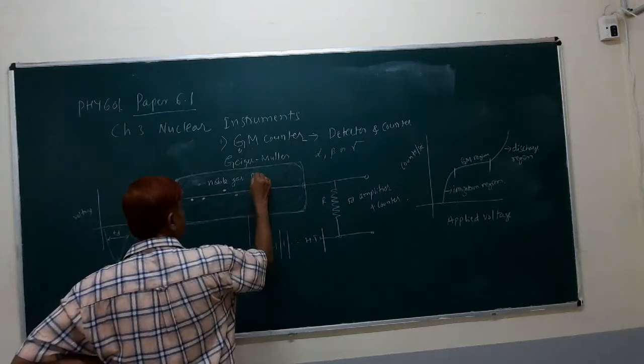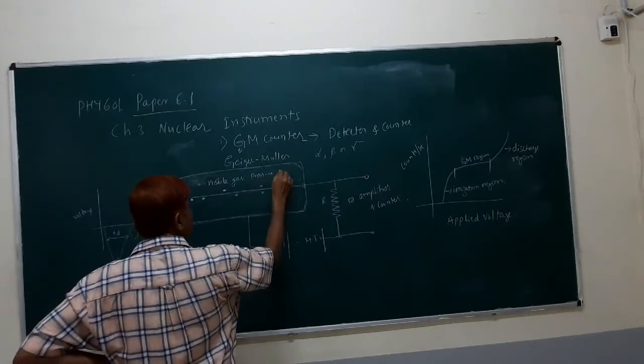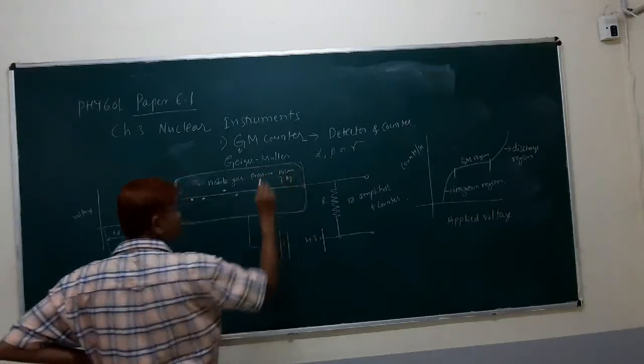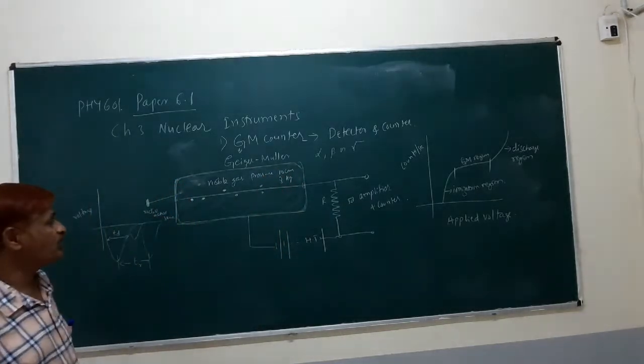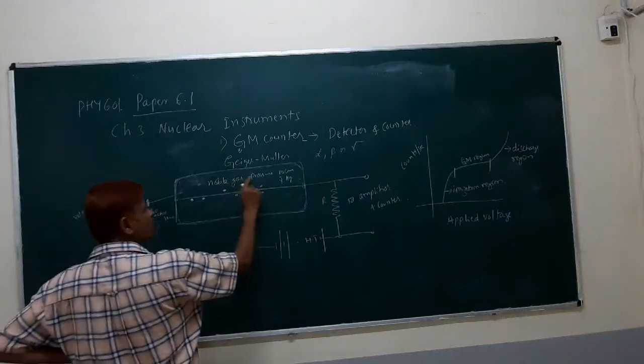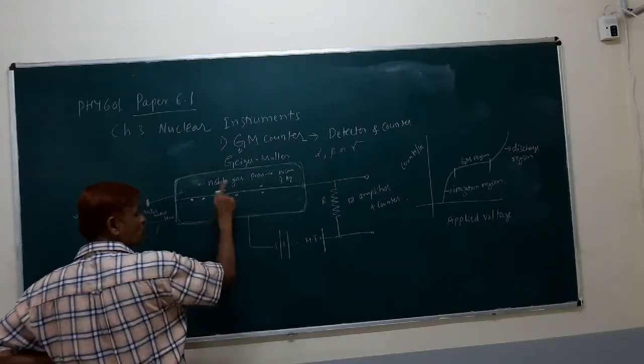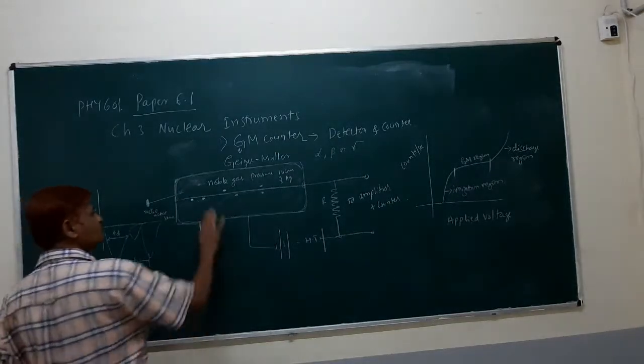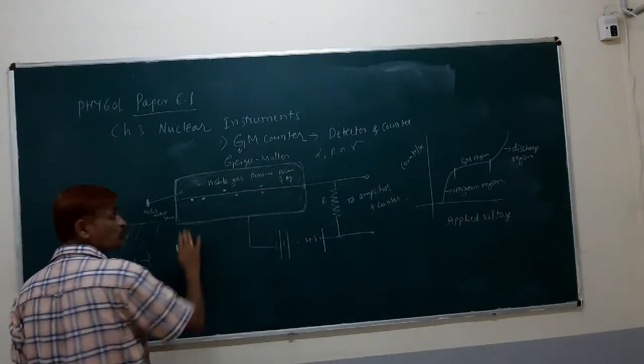The pressure of this noble gas is 10 centimeter of Hg. Mercury, we measure pressure in terms of mercury level. So noble gases like argon, neon are used in this tube.